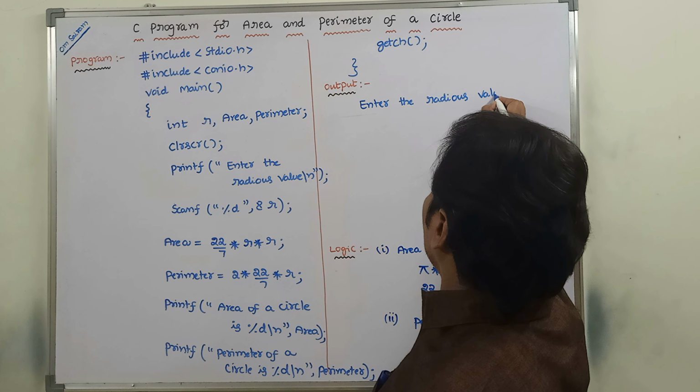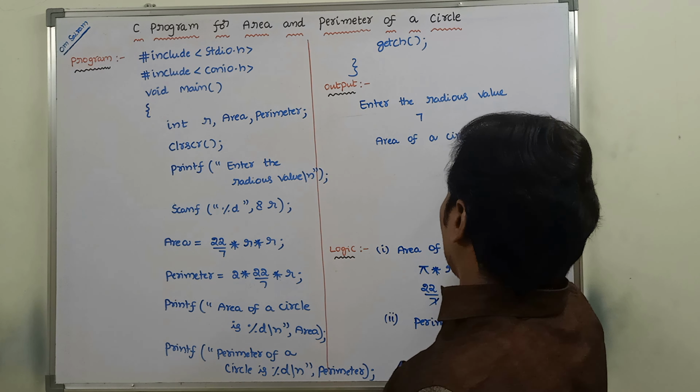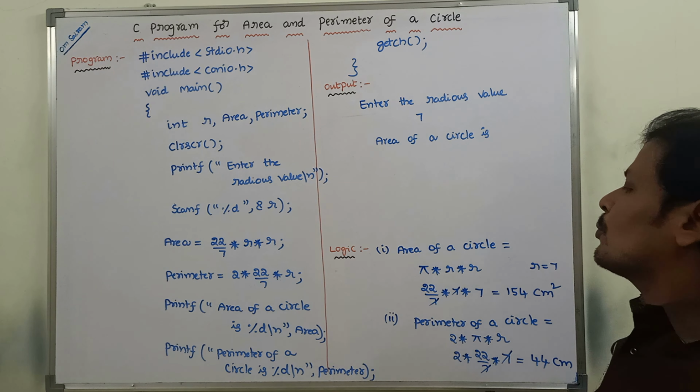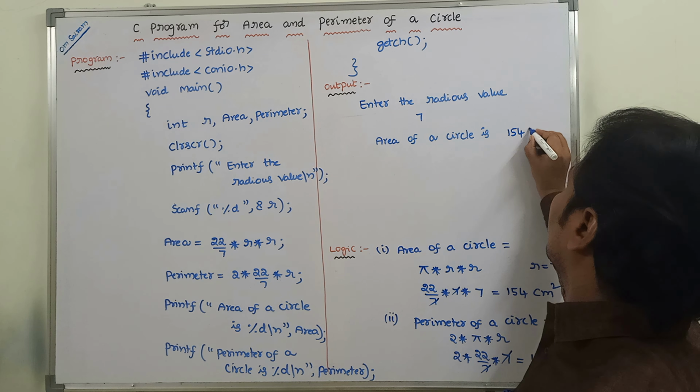Once the radius value is read, the area is calculated. The area of a circle is, with r equal to 7, 22/7 into 7 into 7. The 7s cancel, 22 into 7, that is 154 centimeters square.